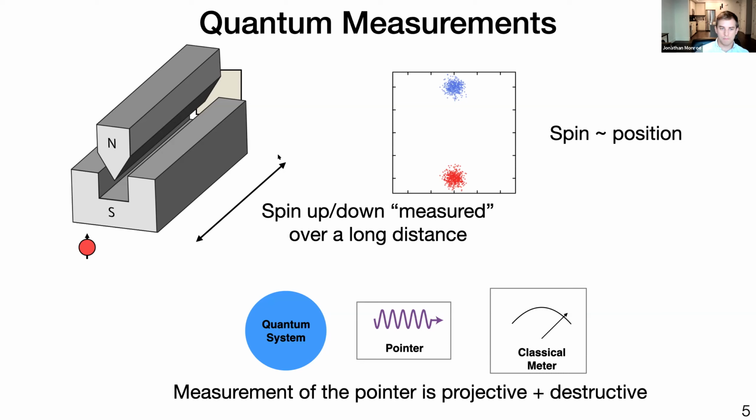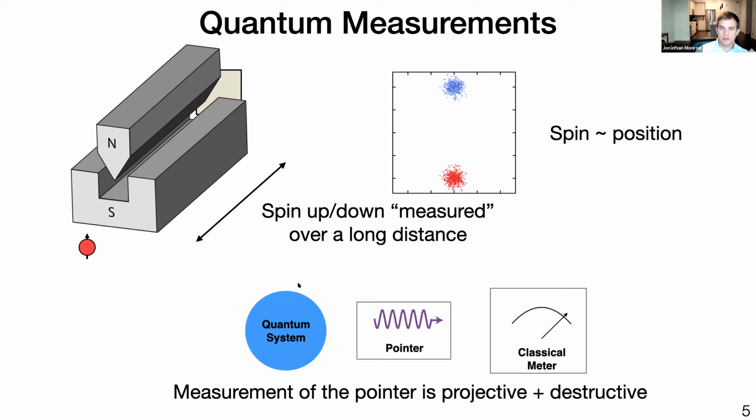And so the ingenious part of this is that it's figured out a way to take this quantum mechanical thing, this very delicate spin system, and in some sense magnify that or pull that out into a different degree of freedom that can then be measured more easily, more destructively, and ultimately more informatively.